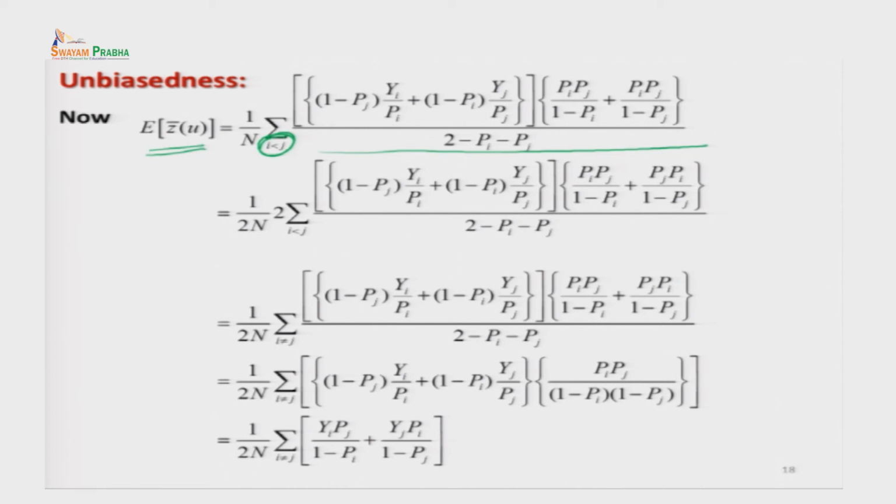Then the algebra will become simpler for us. So I do one thing: I multiply and divide by the factor 2. So once I combine this twice and the summation i less than j, this will be converted into i not equal to j, and this 1 upon 2n will continue here. So that is the first step.